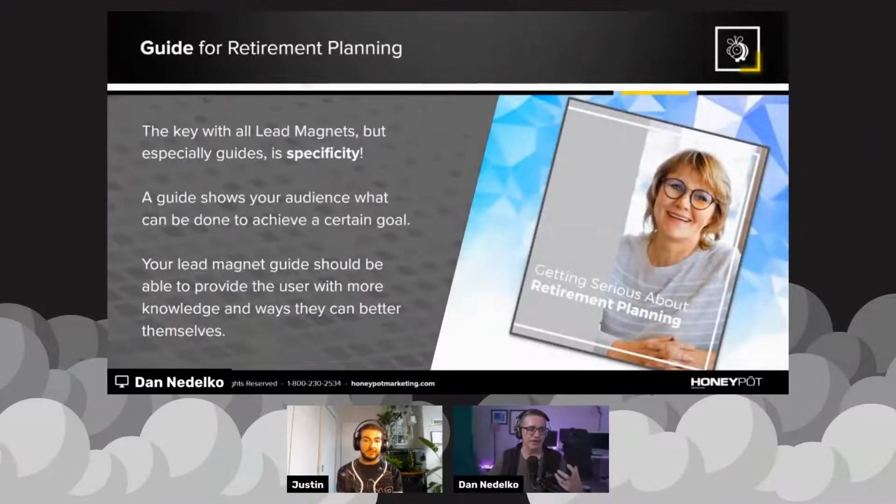Versus in this very specific guide, I know what these people are looking for, retirement planning. I would even suggest going one step closer in terms of specificity and going right to, are you starting your retirement planning at age 55 or older? Right? You've got 10 years, you've got a decade. So specificity, incredibly important.